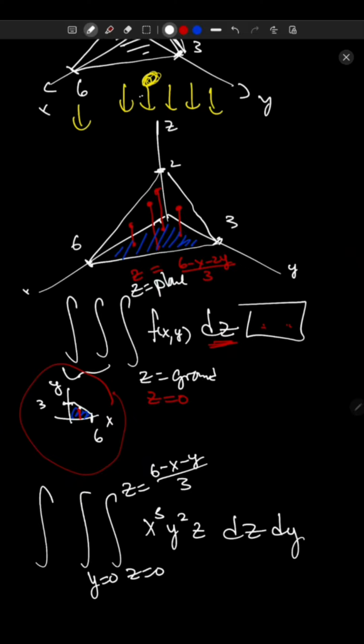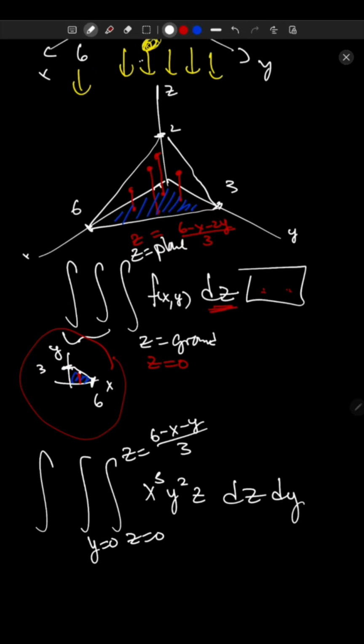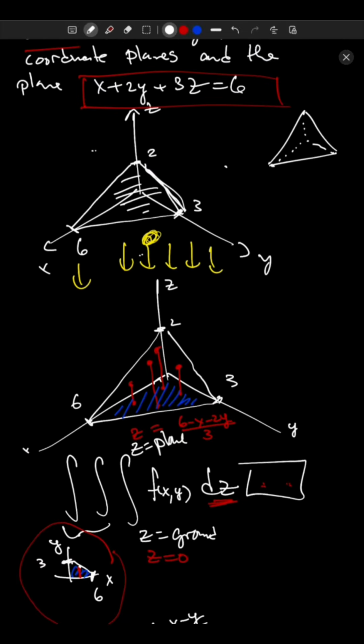Well, there are a couple of ways to figure it out. Just from this picture, we know it's the line that passes through (6, 0) and (3, 0). So we can figure out the equation of the line from that directly, or we can look at the equation of our plane up here, x plus 2y plus 3z equals 6.